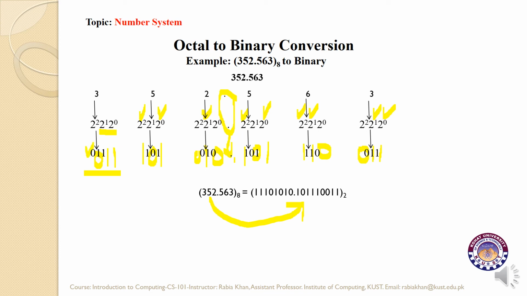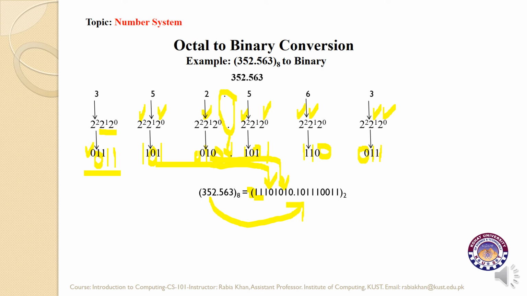As I just said, the left hand side zeros, you can omit them. So I have taken the 2 ones from there only, but you can write 0 with it if you want, but since it doesn't have any impact on the answer, you can omit it. Then is 101, then 010, and then is the decimal point.